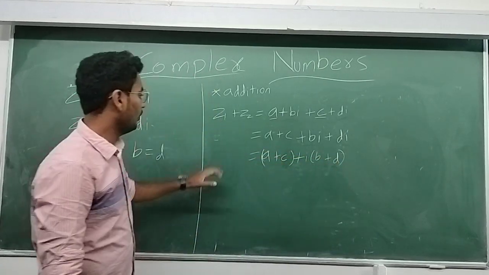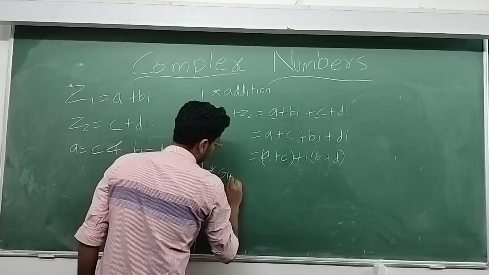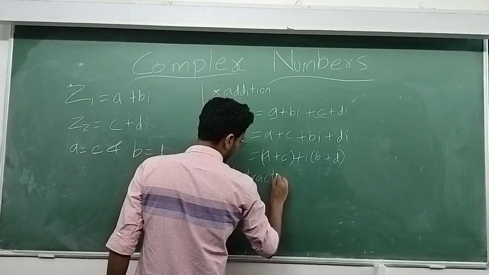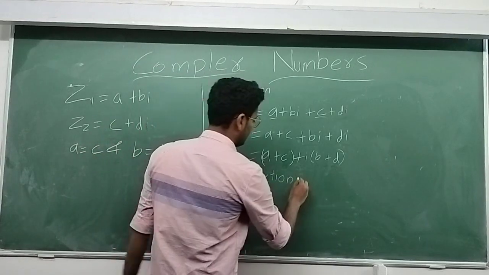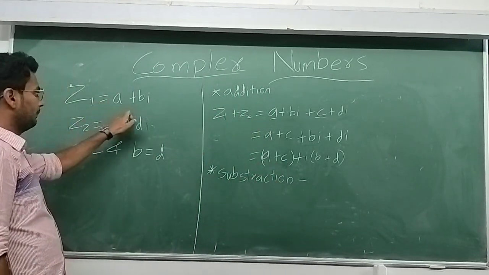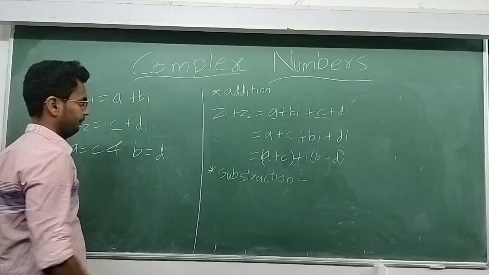This. Now we have to subtract two numbers. Subtraction of two numbers. Those numbers are, suppose z1 is equal to a plus bi and z2 is equal to c plus di. ये दोनों का subtraction. Okay.